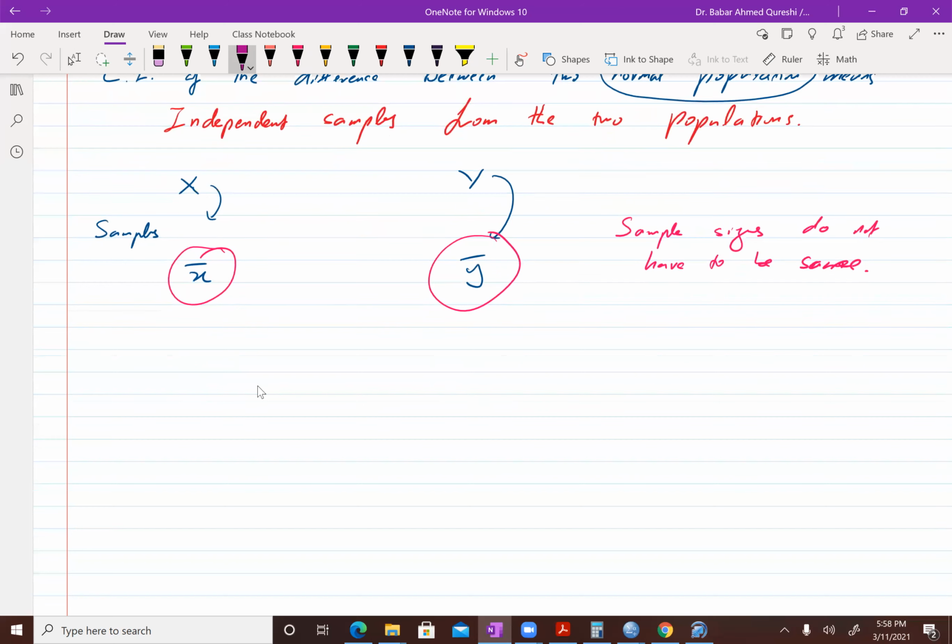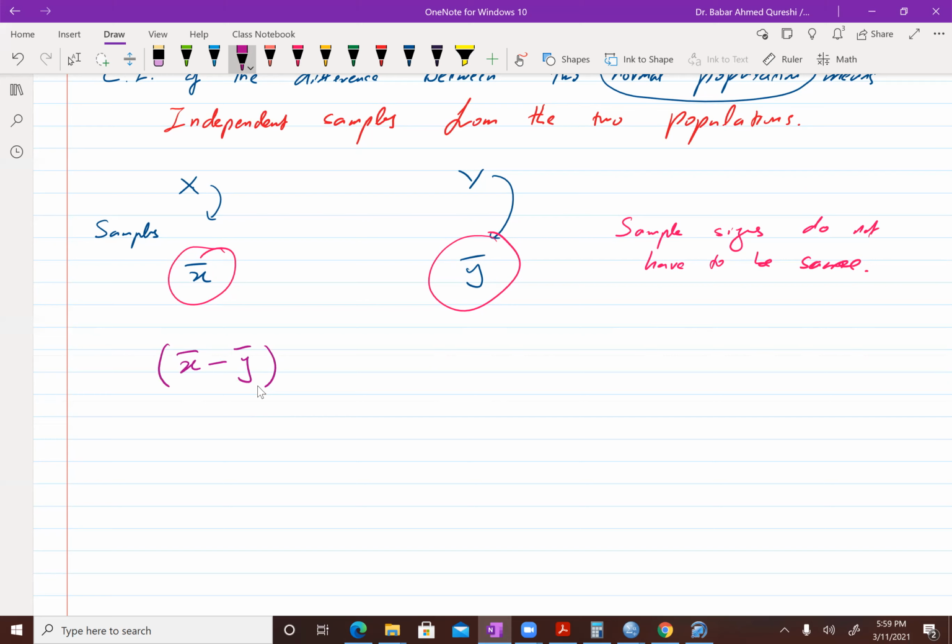And then I'm interested in this. I compute this number. It gives you an estimate of the difference of the two means for the population, but it's a point estimate. We want to give a confidence interval.